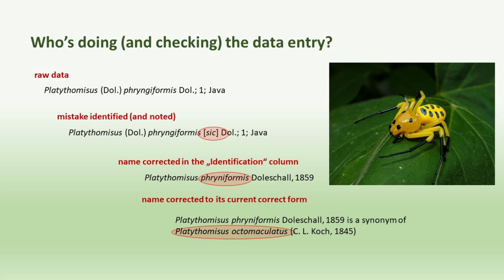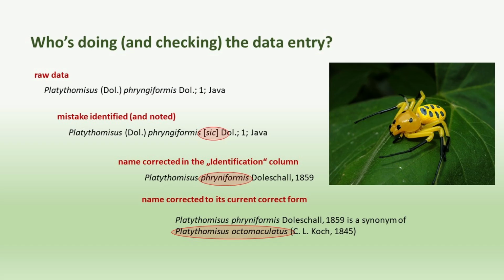Now, this does then bring up another question. Who's actually going to do all this work? Who's checking the data? Who's making sure it's all correct? Just here as an example, the raw data for a nice crab spider from Java. Somebody spelt it wrong. I don't know who, but someone got it wrong. Now, someone then has to go in, me in this case, go into that data list, note that it's been spelt incorrectly, then in the identification column, put in what I now think is the correct name, and then check in the spider database, is that still the valid name?